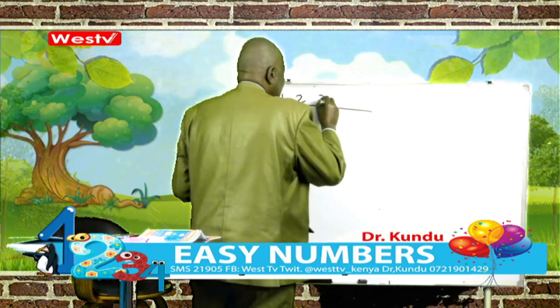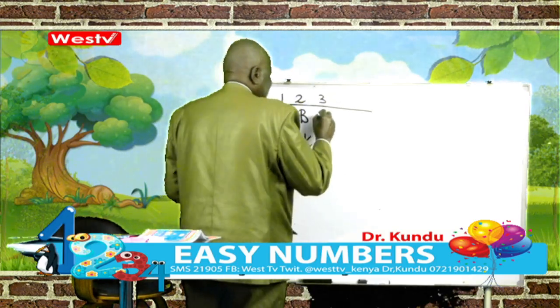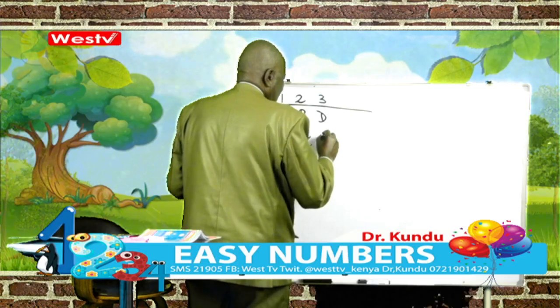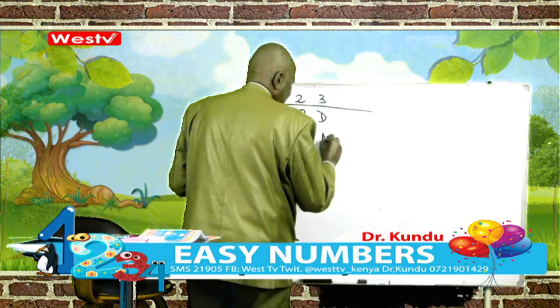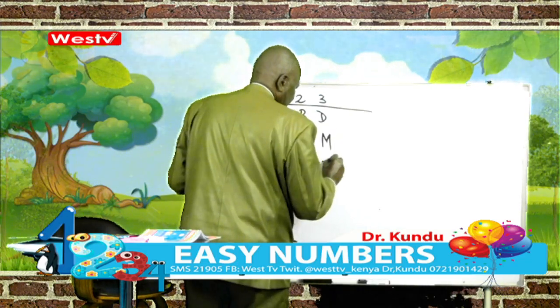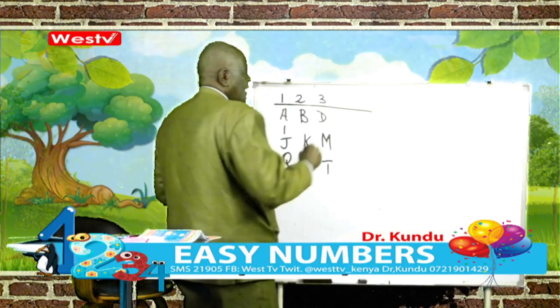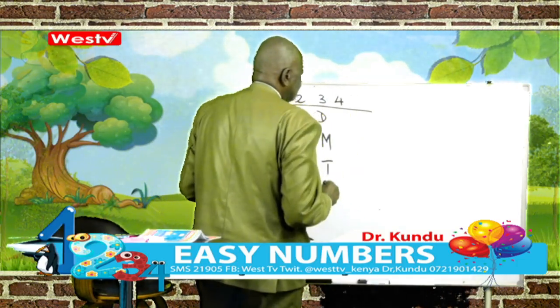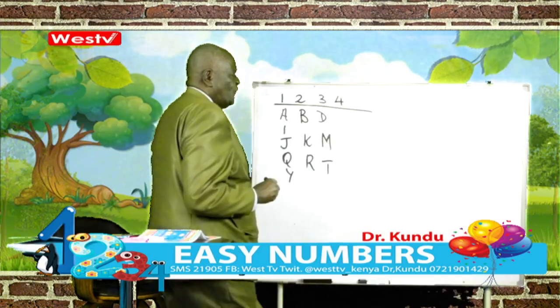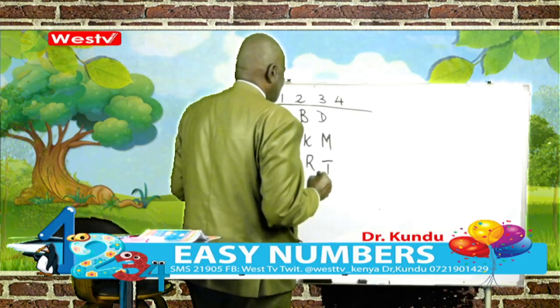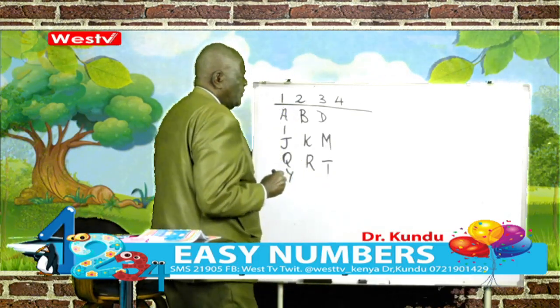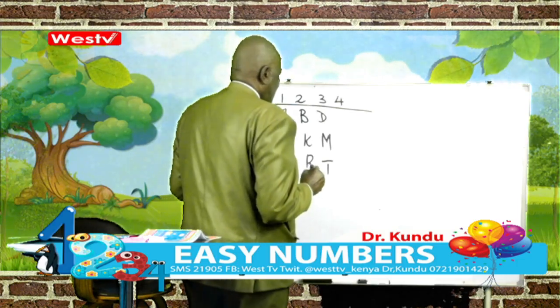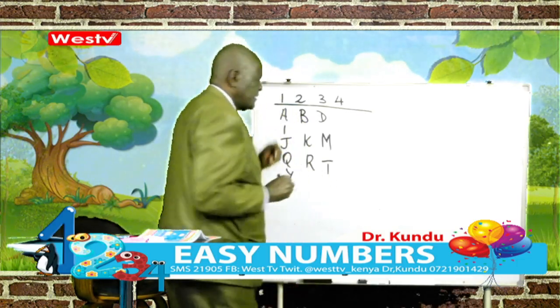Numeral 3 vibrates to the letters D, M, and T. And numeral 4 vibrates to... just a minute, there's a confusion there.